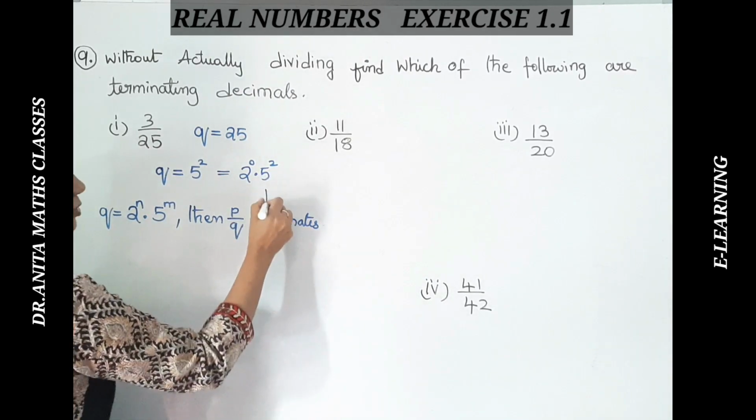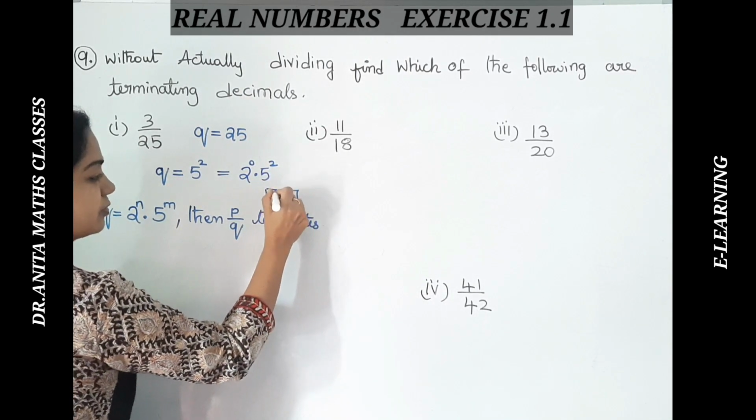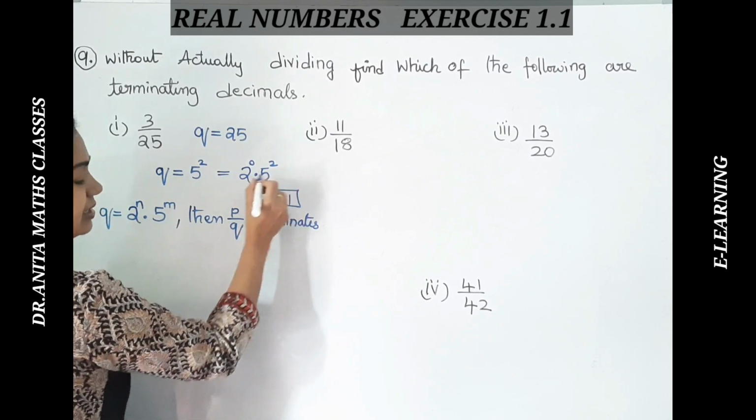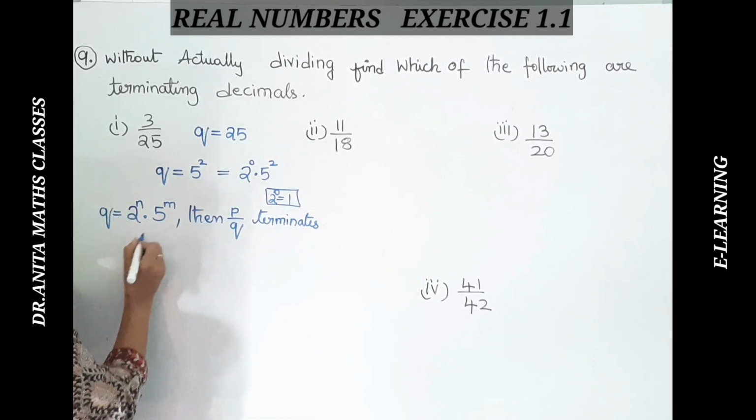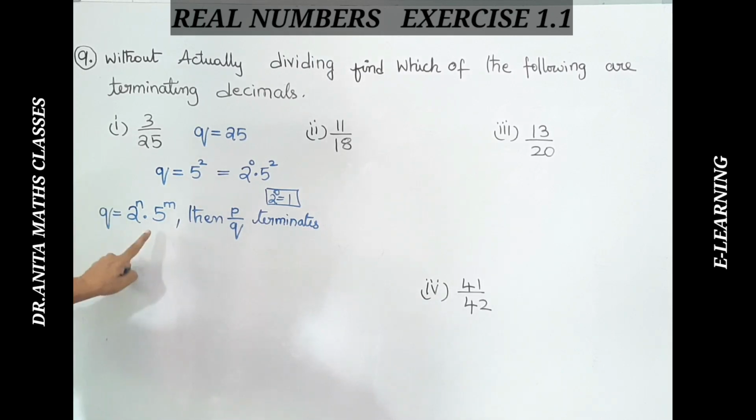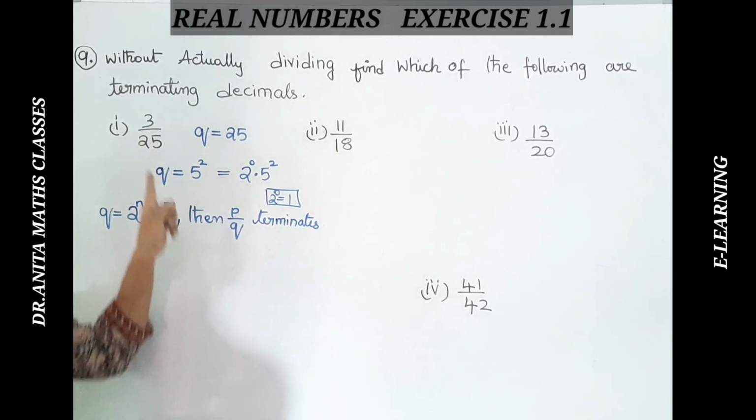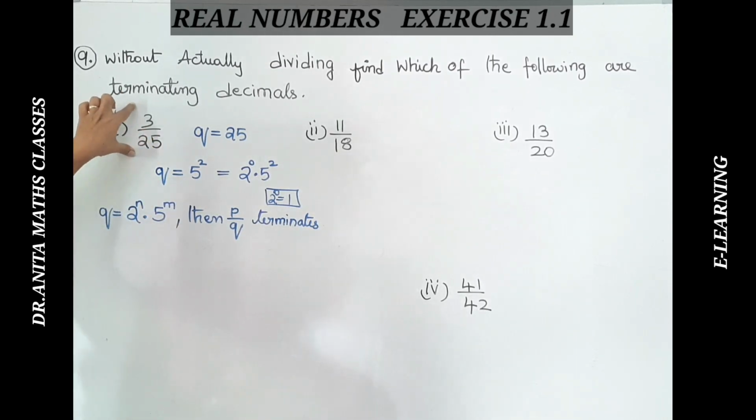We know that anything raised to the power of 0 is 1. So now this is in the form 2 to the power of n and 5 to the power of m, isn't it? That is again our denominator. So the denominator is satisfying this condition, then this fraction has a decimal expansion which will terminate.